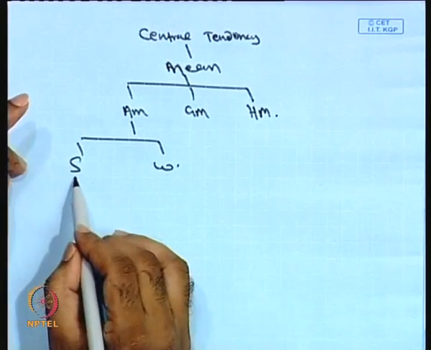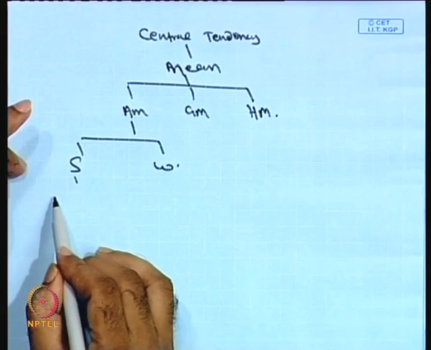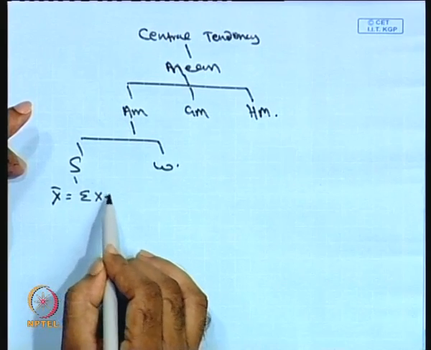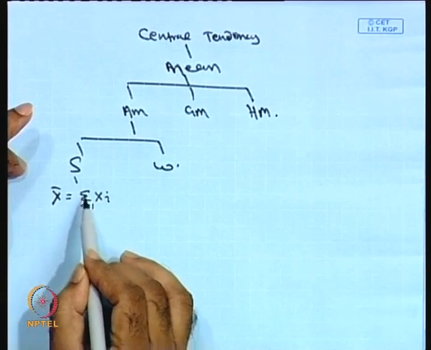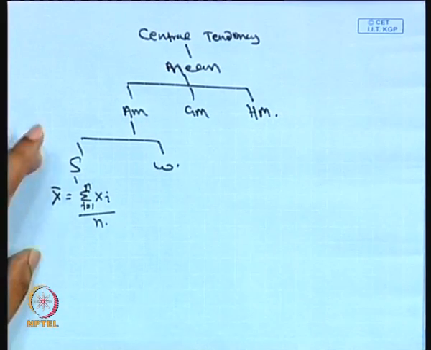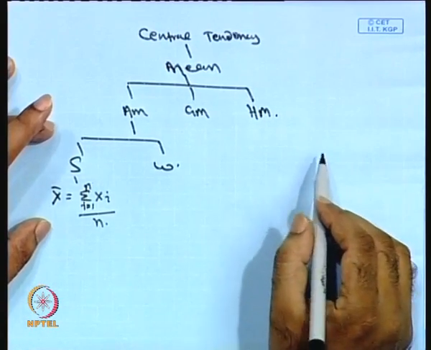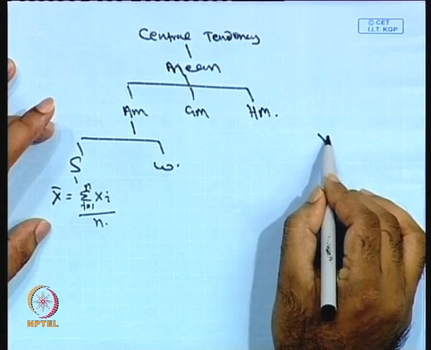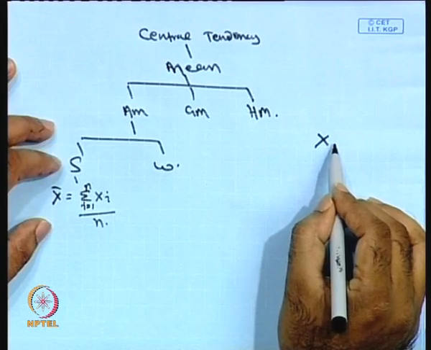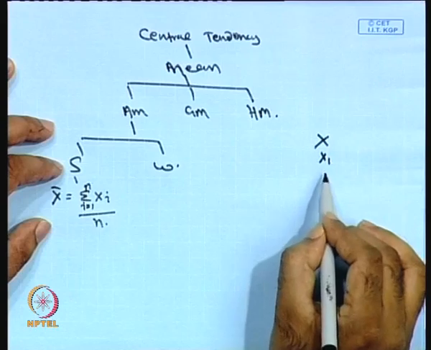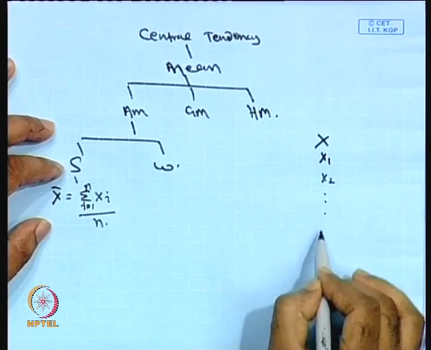Okay. So, now the simple average is nothing but x bar is equal to summation x i, i equal to 1 to n, divided by n. So, what is this? Basically for a particular setup, if we consider a variable say x, then its information is represented as x1, x2 up to xn.